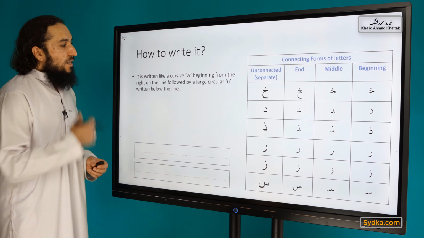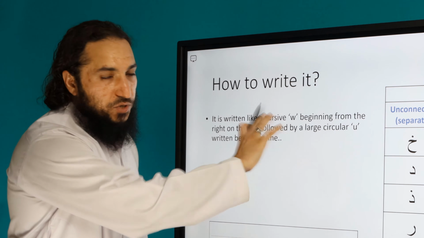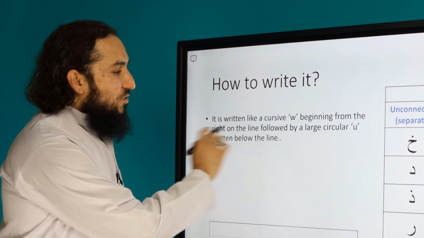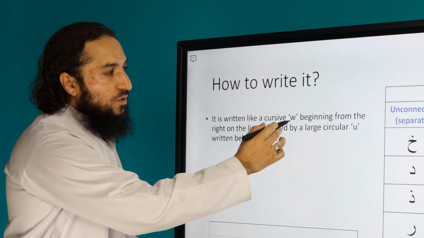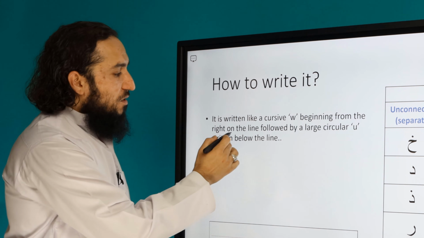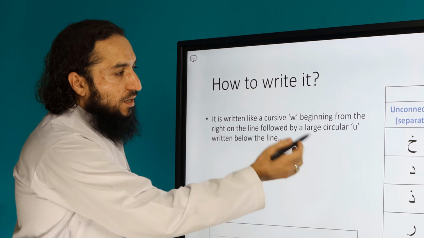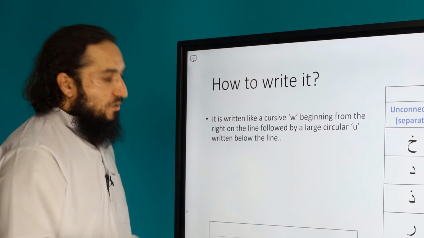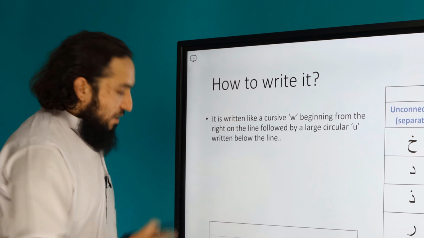How to write it? It is written like a cursive W beginning from the right on the top line, followed by a large circle, a U, written below it. Let me explain that to you.